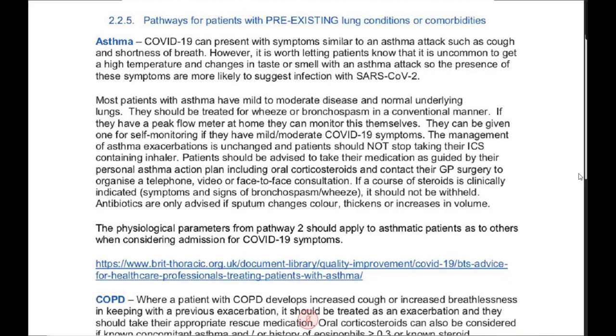We are advocating that patients with asthma should continue with their current asthma therapy unchanged. Now, there has been a huge run on asthma inhalers, on all respiratory inhalers. Patients are suddenly deciding that they will be compliant. There has been a 400% increase in the demand for respiratory inhalers in the last few weeks.